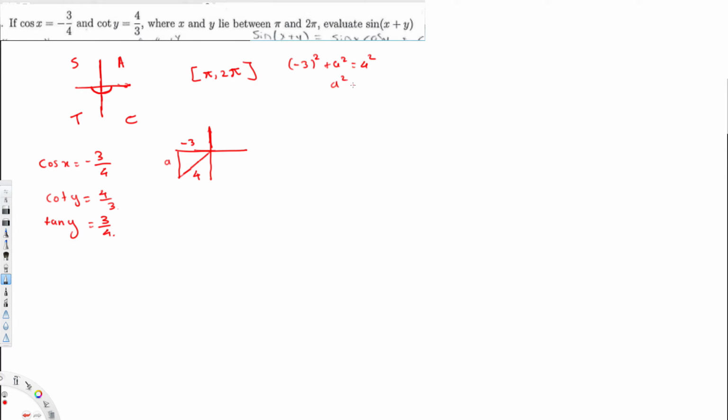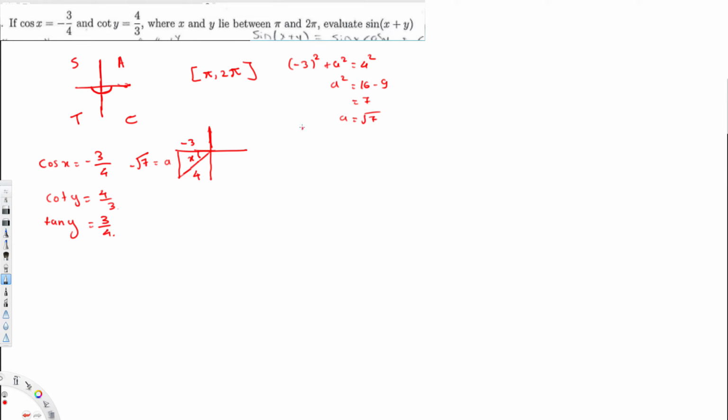It's going to give us 16 minus 9 is equal to 7. Therefore, a is going to be the square root of 7. But in this case, it's going to be minus square root of 7 because it's in the downside. So that's my a, and the angle that it's making is x.